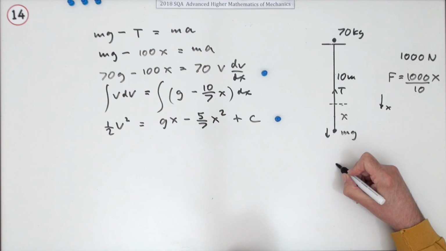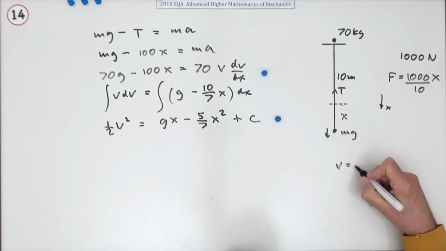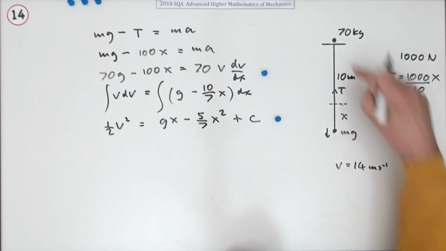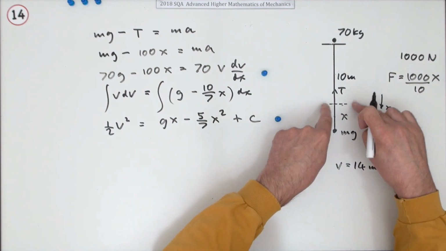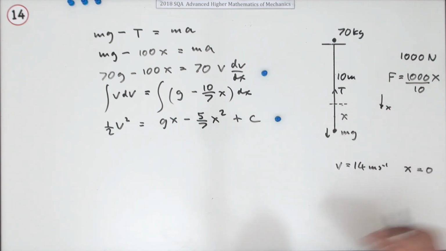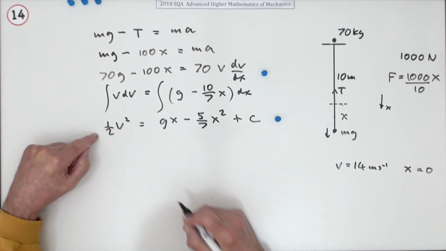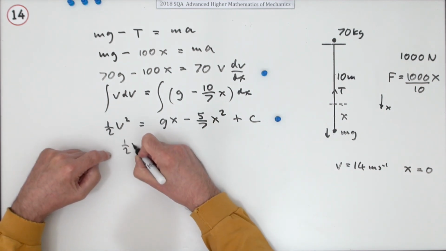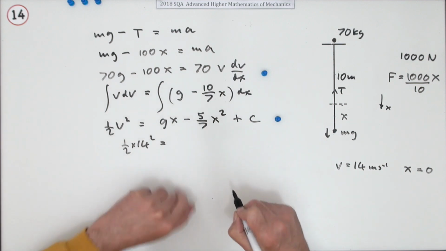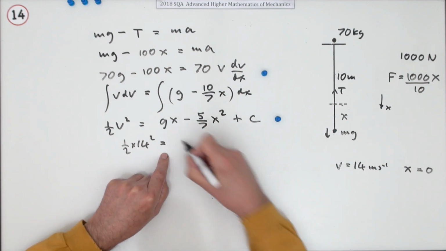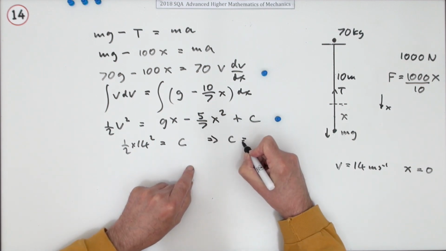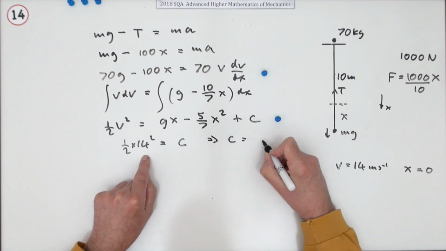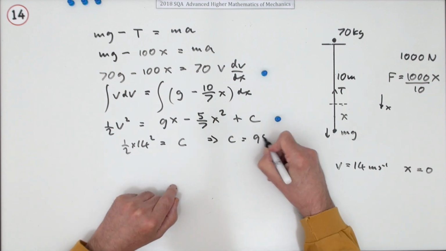We did that already. You knew that v was 14 meters per second at the bottom of those 10 meters. So in this case, x, remember, is the distance measured from there, so x is 0. If you put that in, you've got a half of 14 squared, and that's 0 and that's 0, so that'll just be c, which means c is a half of 196, which is 98.